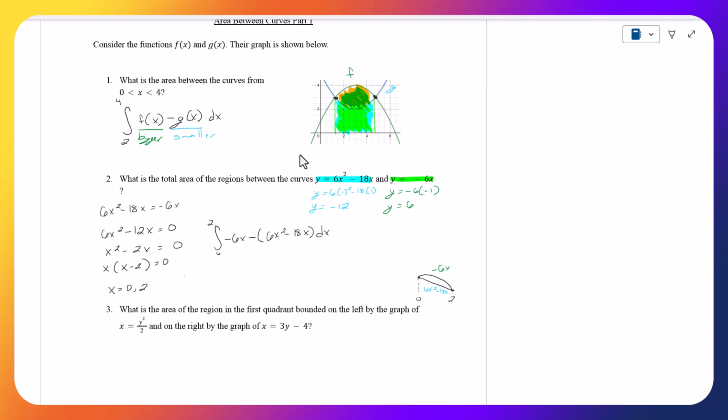Now let's simplify this a little bit. We get the integral from 0 to 2 of negative 6x minus 6x squared plus 18x dx, and we can clean it up even more. This is the integral from 0 to 2 of negative 6x squared plus 12x dx.